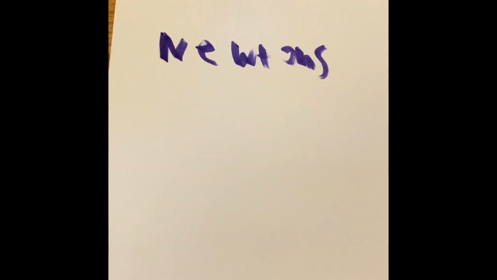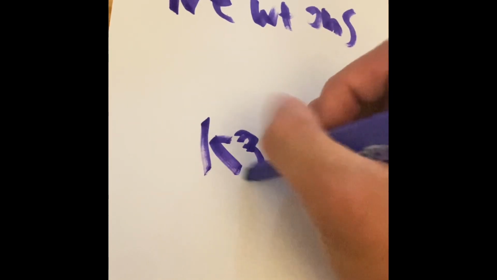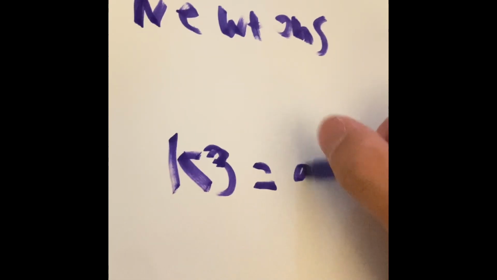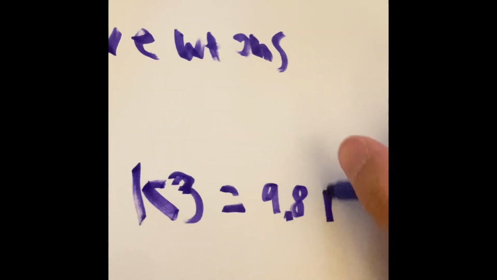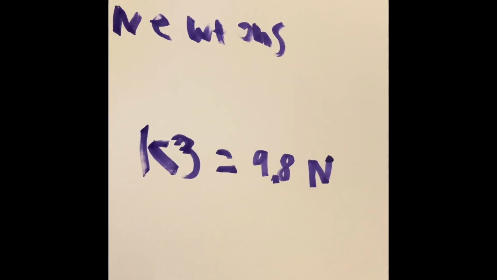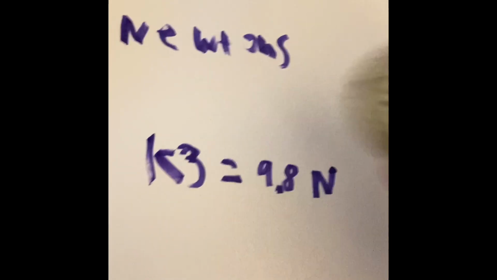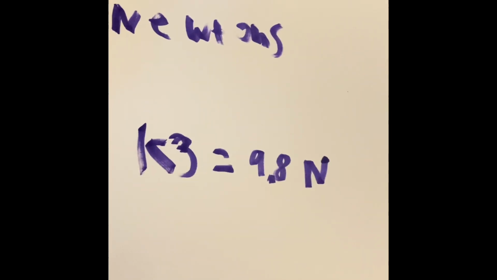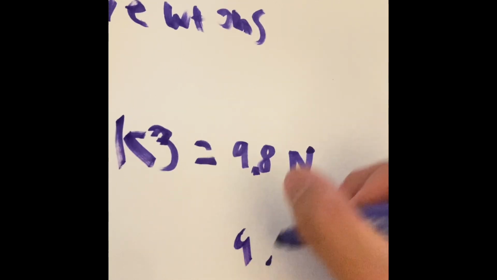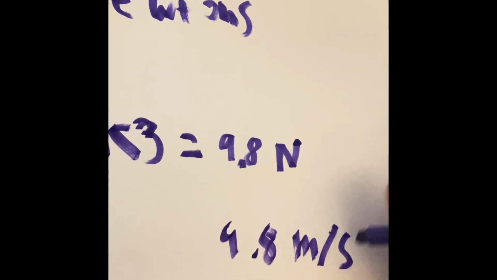Because on Earth, 1 kilogram is going to be equal to 9.8 newtons. If you put this golf ball at the top and make it fall, it's going to fall at 9.8 meters per second squared.